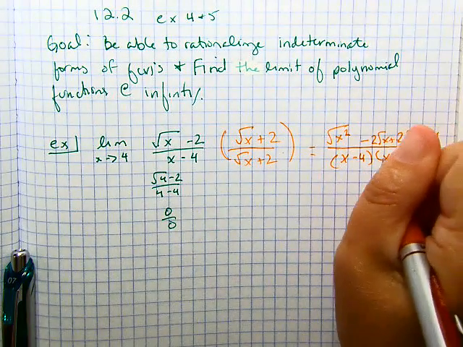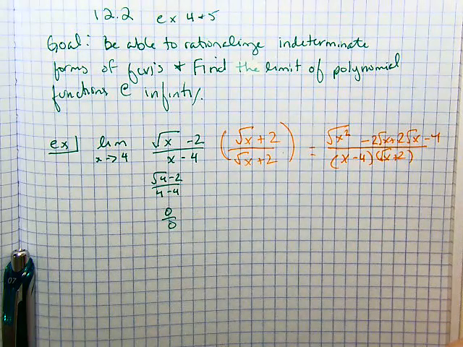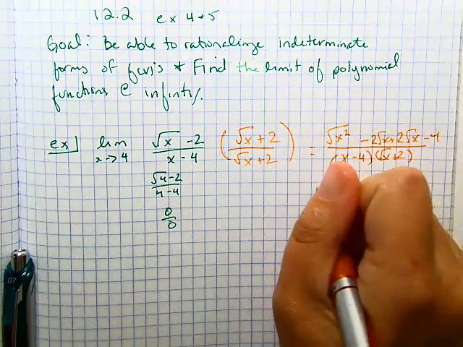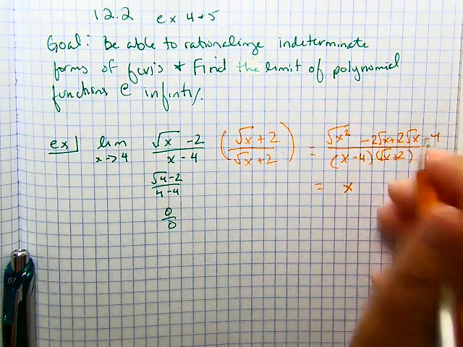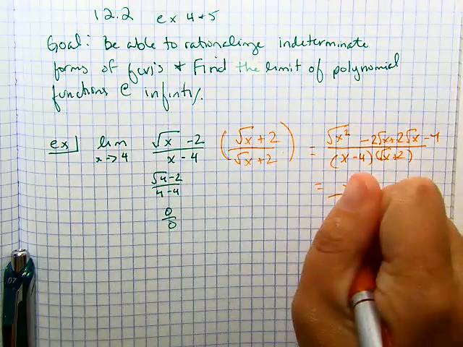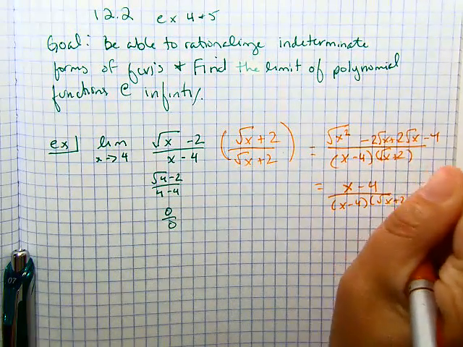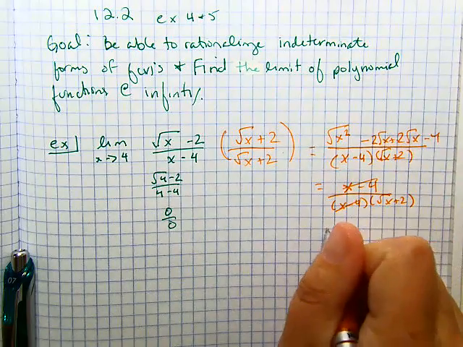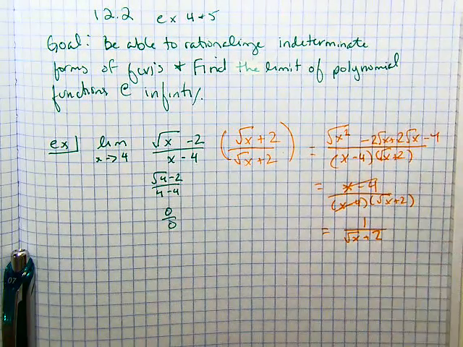I don't want to simplify this because the square root of x squared is x. These go away. X minus 4 over x minus 4 times the square root of x plus 2. And now we can simplify that to get 1 over the square root of x plus 2.